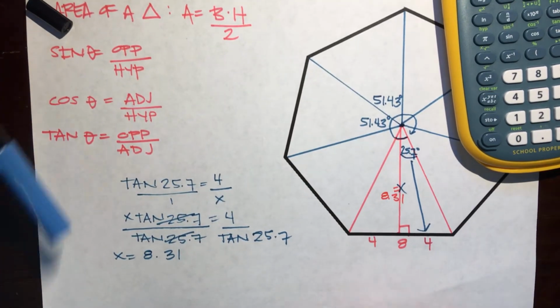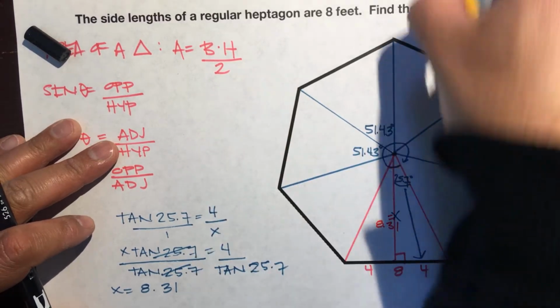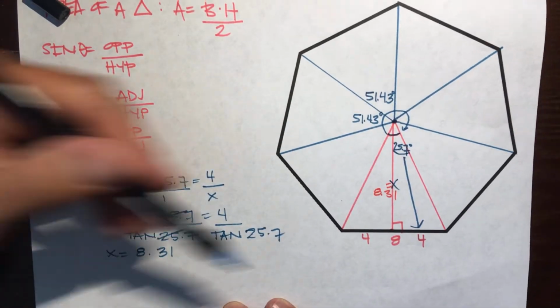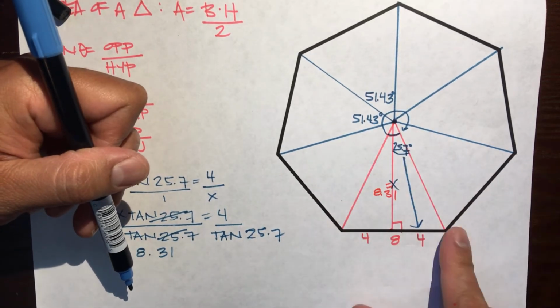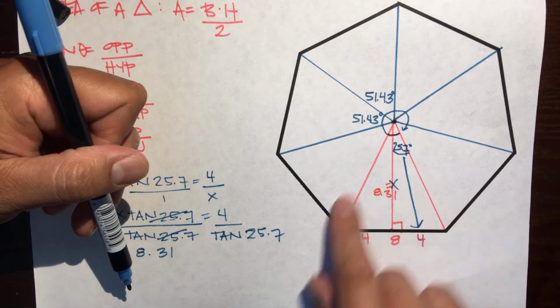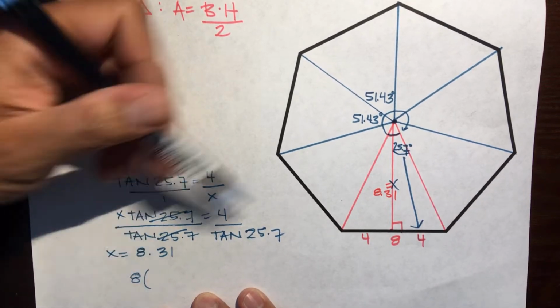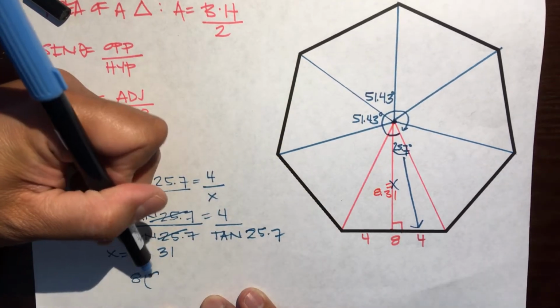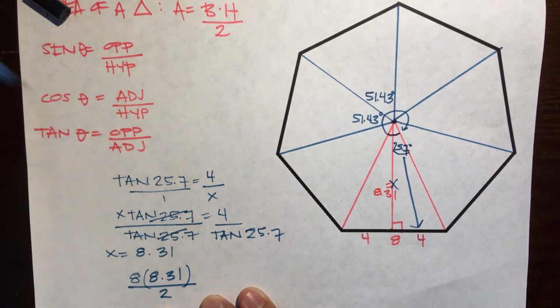All right, so now we can find the area of this entire triangle. We're going to use area equals base times height divided by 2. We want this entire triangle because remember we split it up into 7 equal ones. We don't want only half, we want this full triangle. So 8 times the height, which is 8.31, divided by 2.